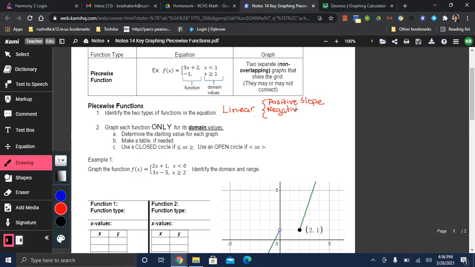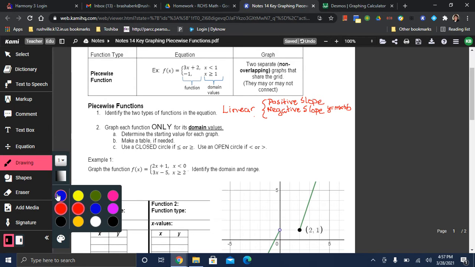And so for these first two, for a positive slope or a negative slope, your equation is going to be y equals mx plus b, and you'll be looking at the m for the slope, and if it's positive, then you choose linear positive slope or negative, linear negative slope.